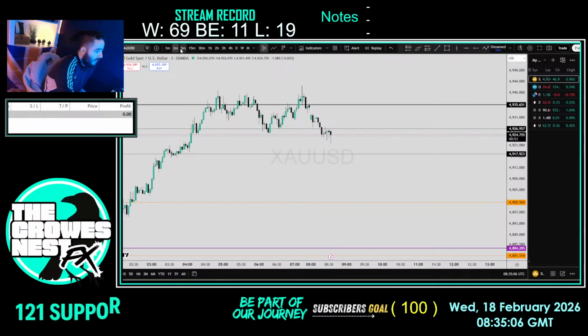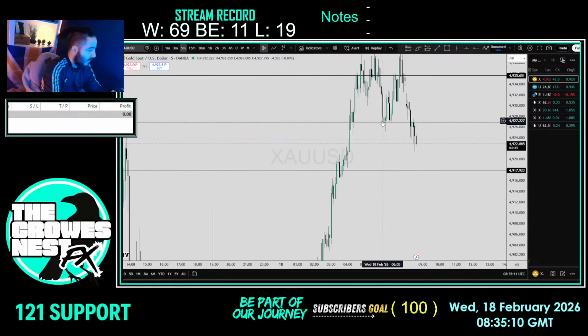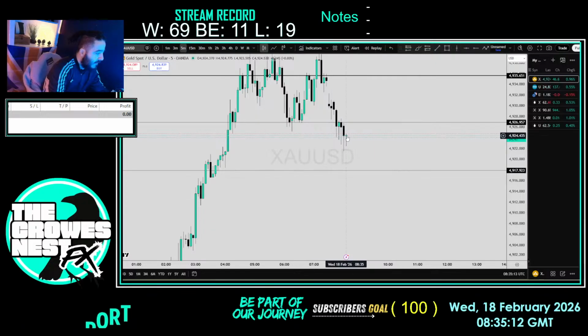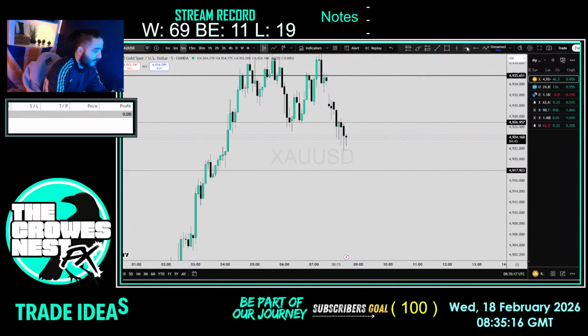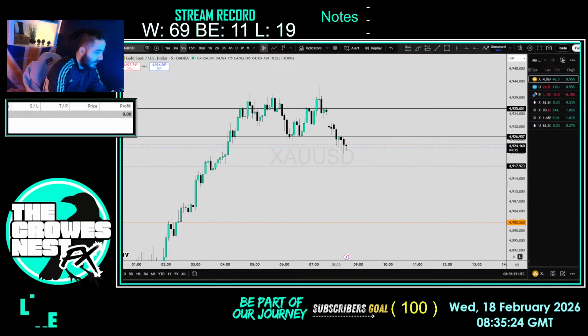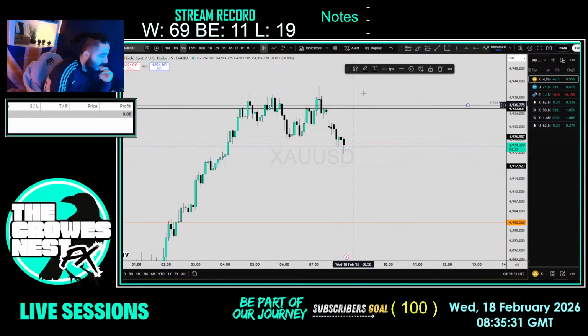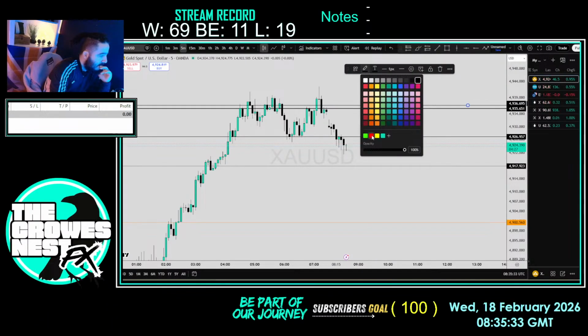Can the 3 come back up? This is what I think I'll do on gold. If this 5 can pull back for us, we might take a swoop entry, right? And if the 5 closes above here, we just look to get out. I'd be looking at stops. Let's see.